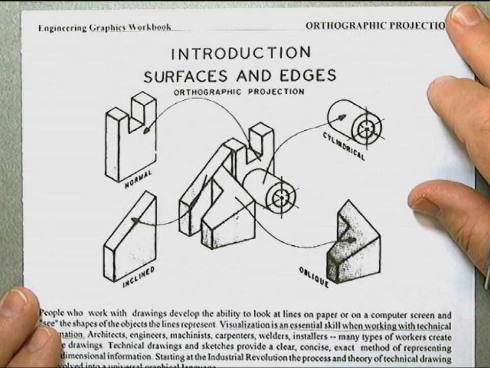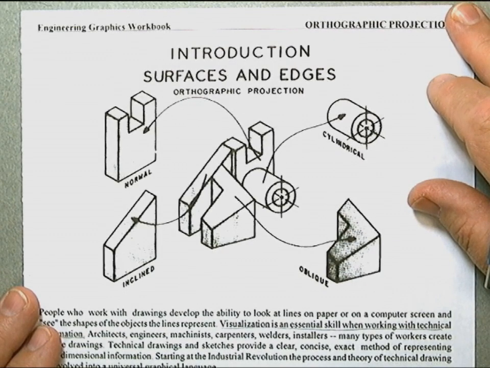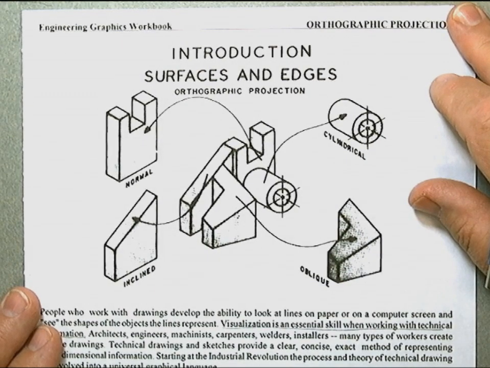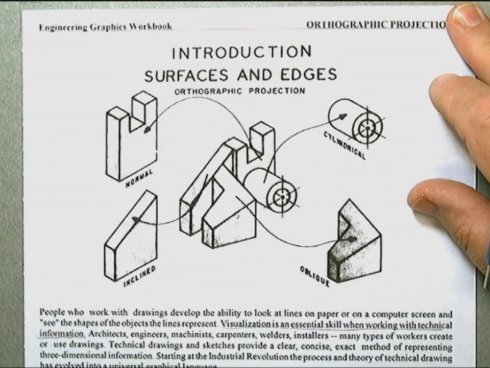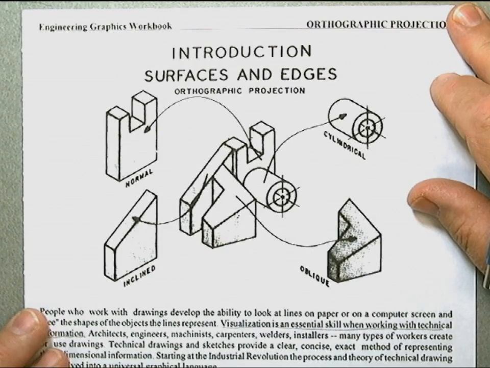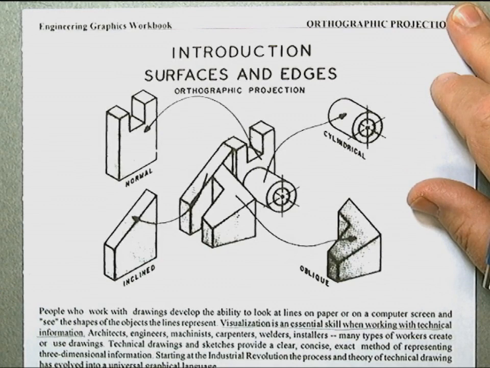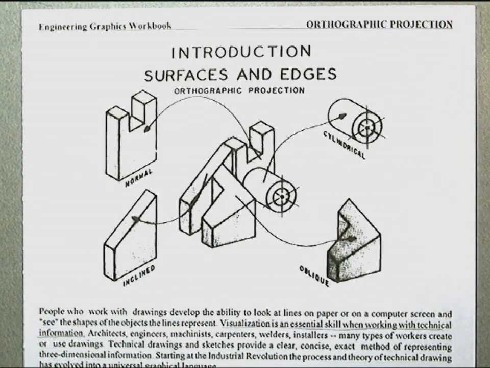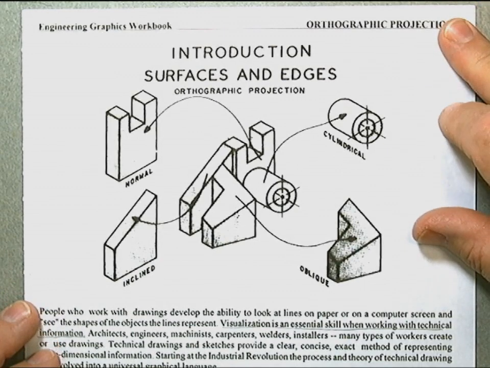surfaces and edges. You'll be creating designs in a two-dimensional drafting setting, and many times do not have the object in your hands to work from, and you must generate it from your mind, from your mind's eye, as we call it.